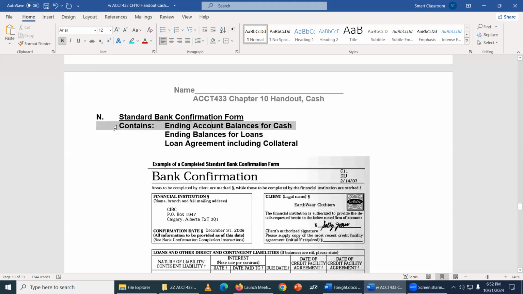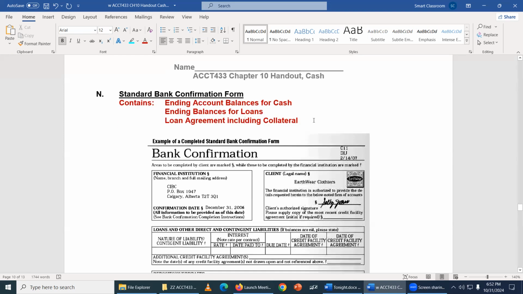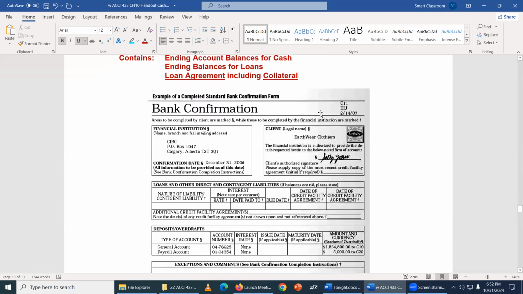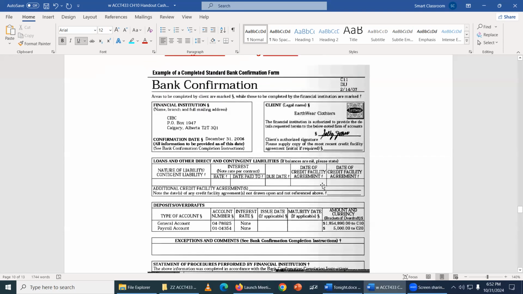Daily transactions are not in it. It's year end. What are the balances? What are the loan agreements? How much is left on them, all those kinds of things. The loan agreements and the collateral are important because they give you information on what the company actually owns and what maybe they don't.